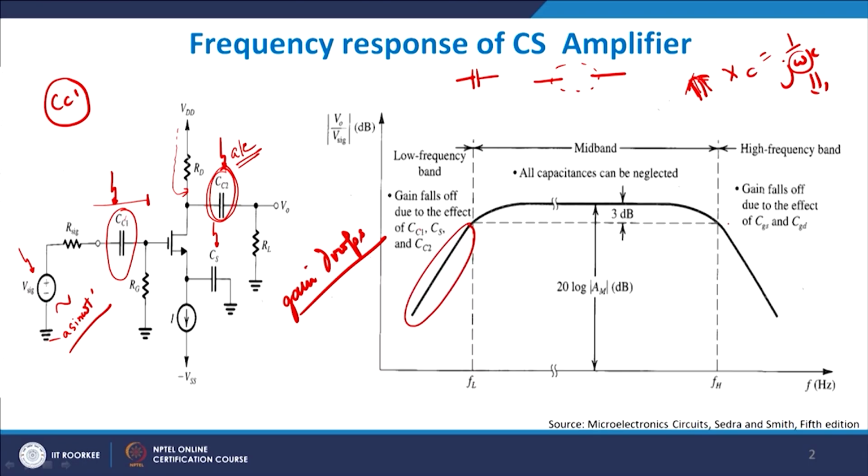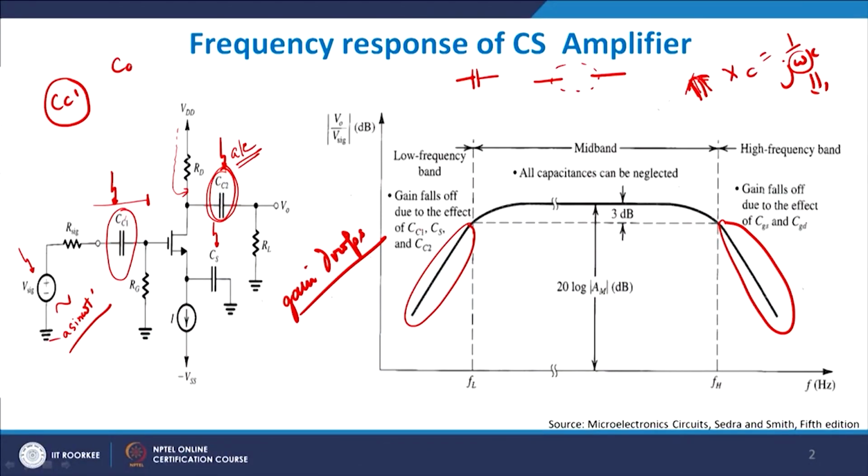Let us look at what happens in the high frequency band, which is somewhere here, more than FH. If you look at the part beyond FH, remember there were two parasitic components known as CGD and CGS, the gate to drain and gate to source capacitances, right.